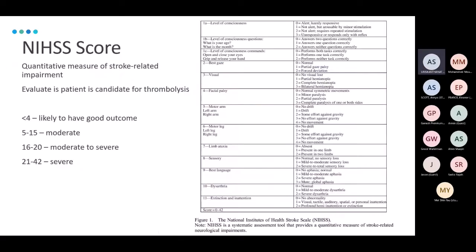Then you've got your NIHSS score, where you do a full neurological examination, including looking at their GCS, and then score them on individual criteria. Anything below a 4 is usually a good outcome, then 5 to 15 is moderate, 16 to 20 moderate to severe, and anything above 21 is very severe.